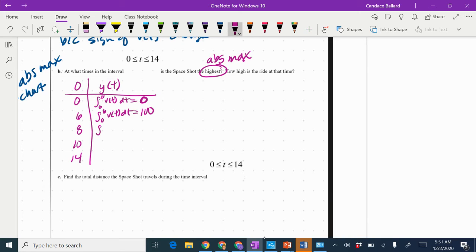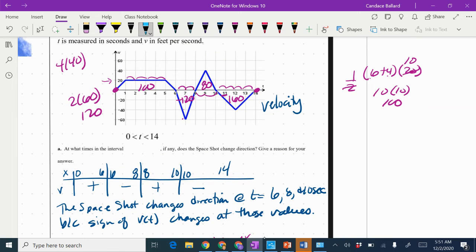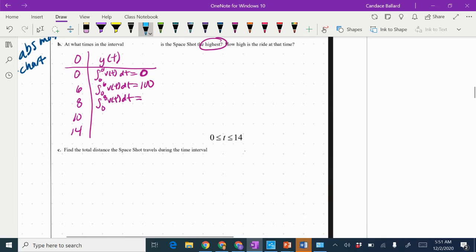And then we're going to integrate from 0 to 8 of v of t dt. And 0 to 8, so 0 would be from here to here, which means I'm going to do 100 minus the 120.